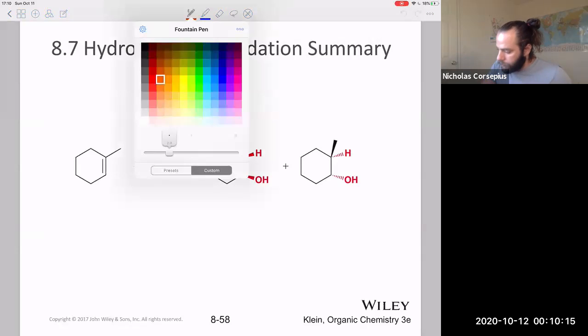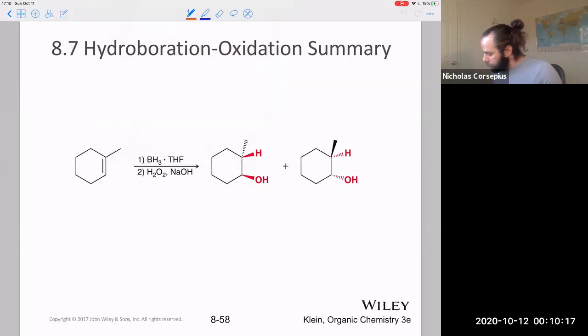Okay, so now let's create a little cheat sheet for these particular reactions, these hydroboration reactions. So first of all, the reaction mechanism. Do I expect you to know the reaction mechanism? No, you don't have to draw the reaction mechanism from scratch for these.